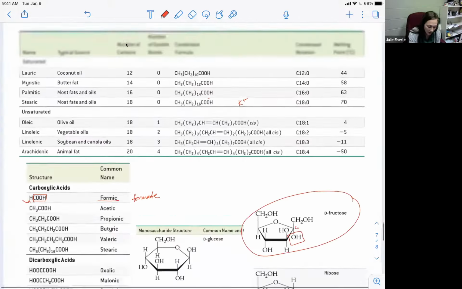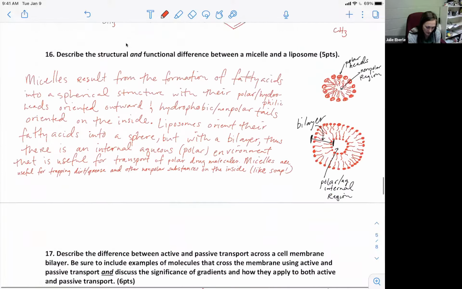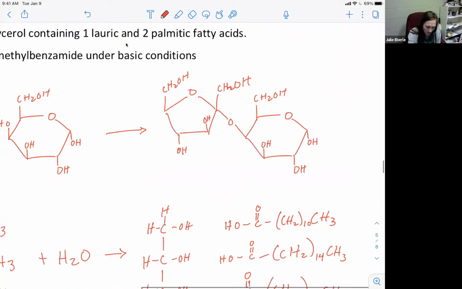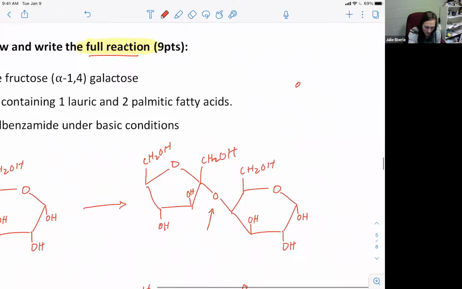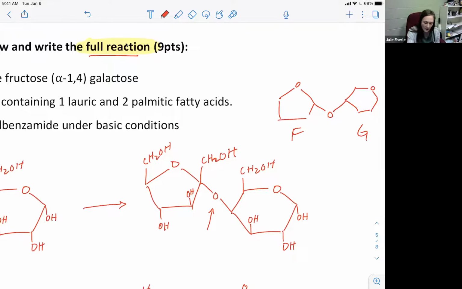What I saw a lot of, and it did cost points, was not this. I saw a lot of this. If this is fructose, I'm not going to draw all the substituents on, but y'all would draw it like this. Okay, and there's galactose. So this is fructose and this is galactose. This is wrong.